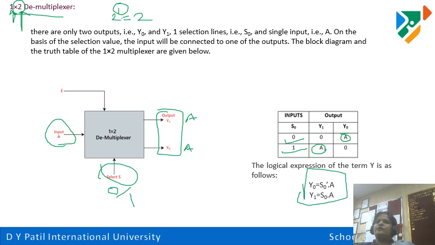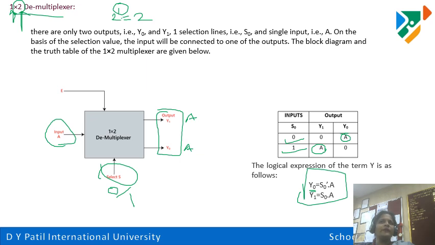So how do we do that? We are writing for Y0. For Y0, the select line is 0, so we mark it as S0 dash, that is S0 bar, and the input A is taken here.